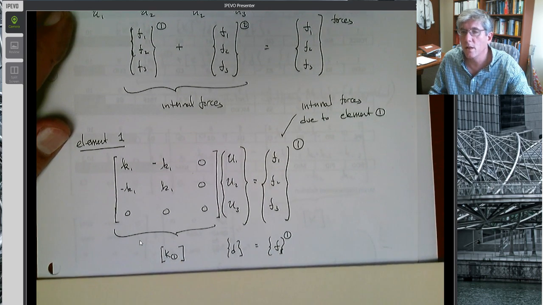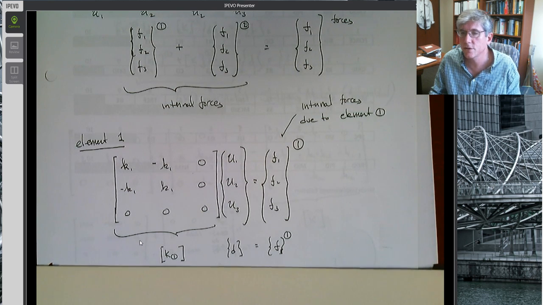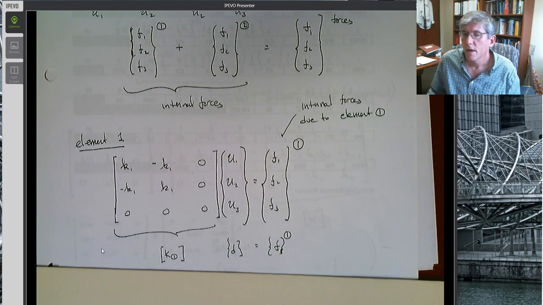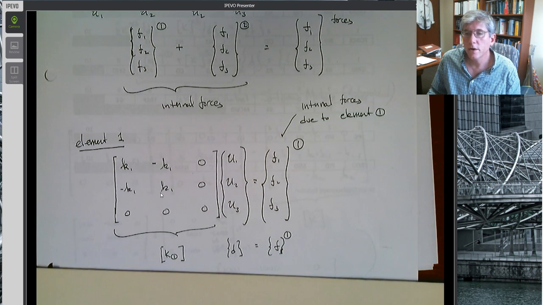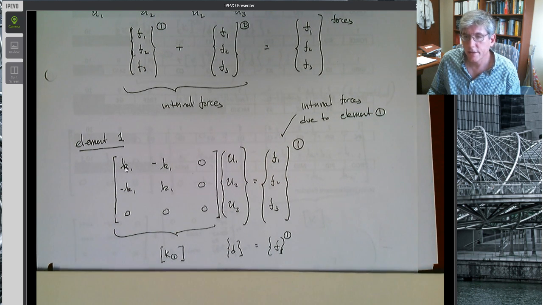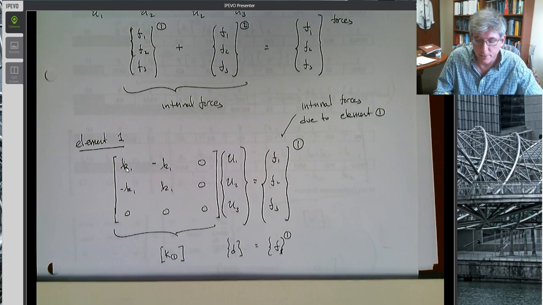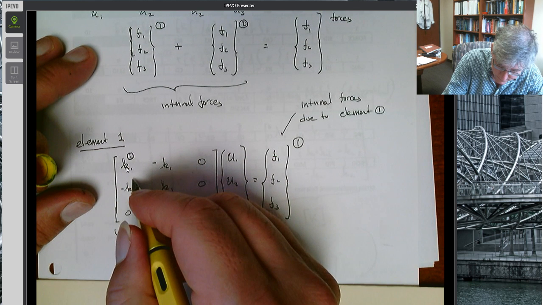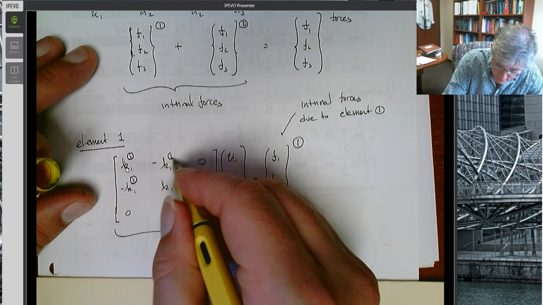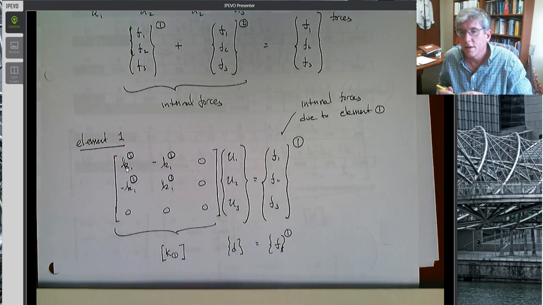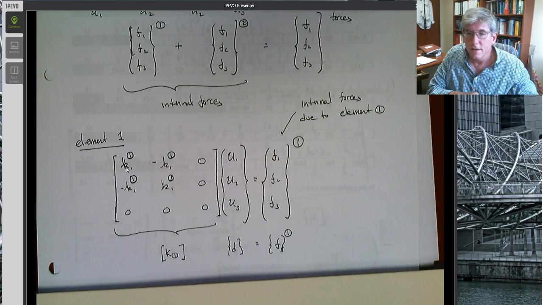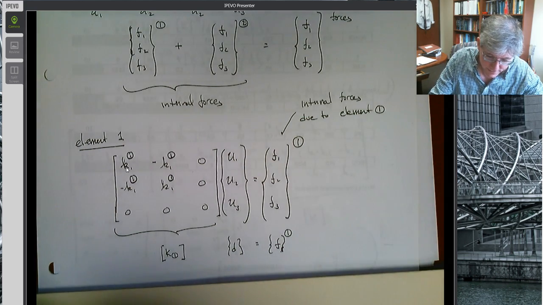So, if we want to look at the internal forces due to the stretching of the first spring, well, we knew our stiffness matrix was... I should probably, to be more correct, do it this way, because we're denoting those as being the K's for the first element, right?